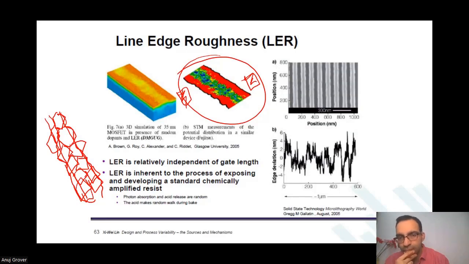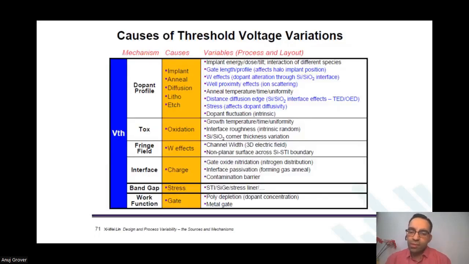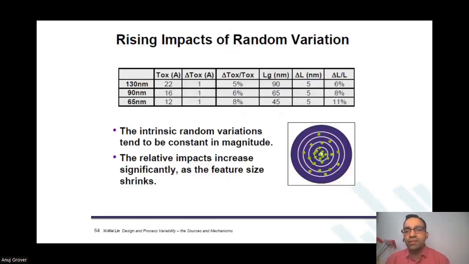Sir, how is the thickness changing? I mean, along the line it is changing, na? So thickness remains the same, right? So it is along the edge. Okay, let me not use the word thickness. Let us use the word width. The length of your device is changing. Are you able to see this? Now, the length of the device is changing differently for different devices because of this line edge roughness.